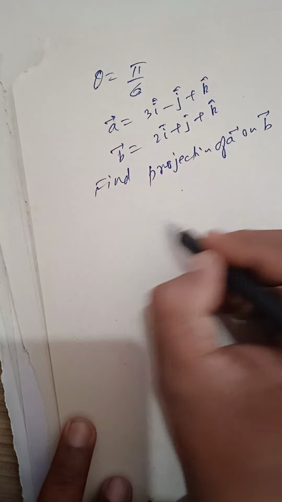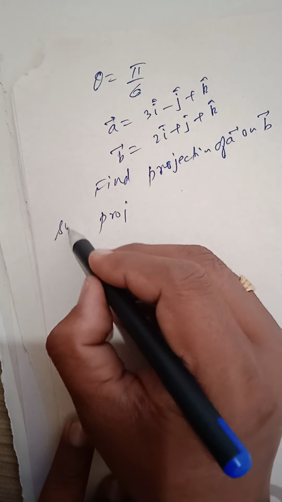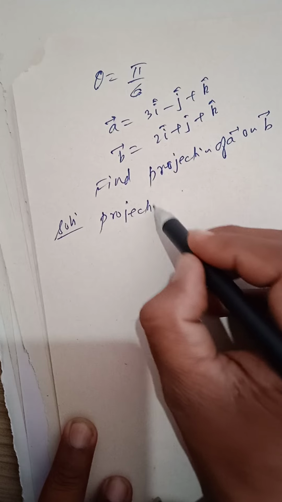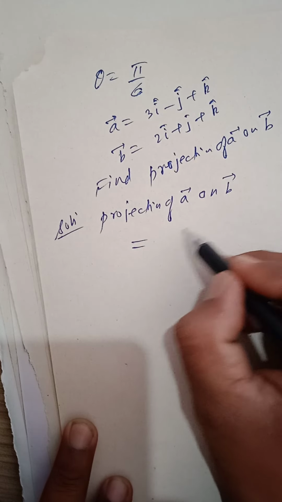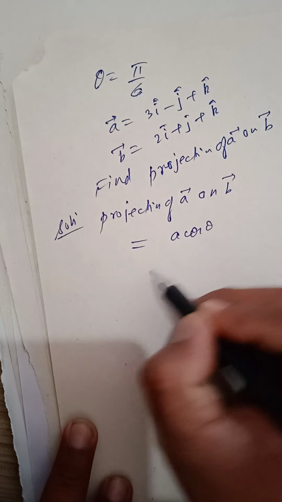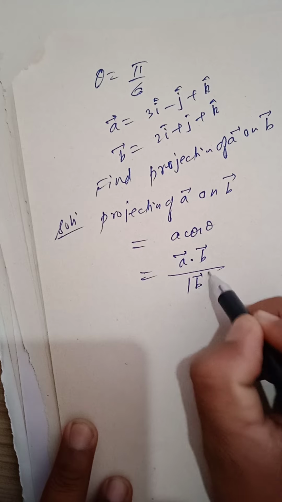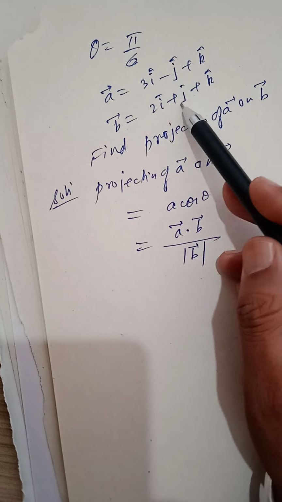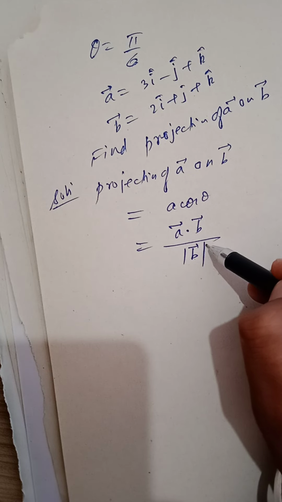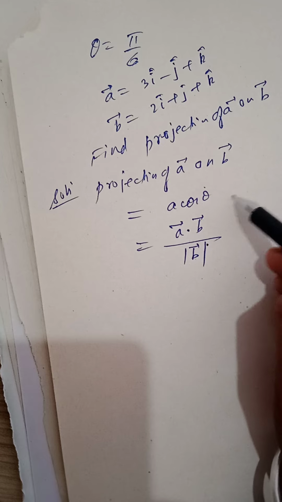It is very clear, children, that the projection of vector A on vector B is A cos theta, and that is also A dot B upon magnitude of B. If both vectors are given, you apply this formula, correct? And if the angle between them is given and only vector A is given, then directly apply the other formula.